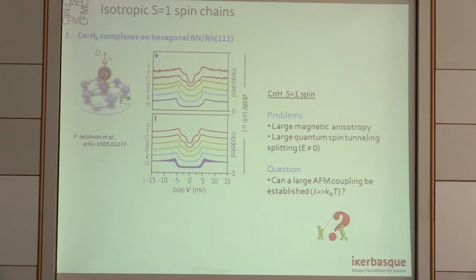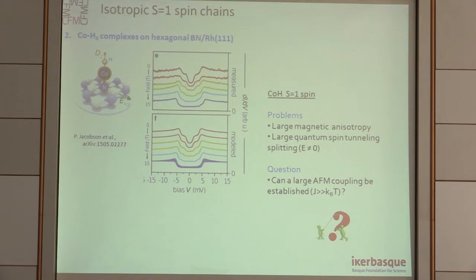There are other systems that have been studied and present spin 1. One of them is the cobalt-hydrogen complex on boron nitride. This system behaves as a spin 1, but it has additional problems. Especially, it has a quite large magnetic anisotropy. One can even observe quantum spin tunneling induced by a transverse anisotropy term.